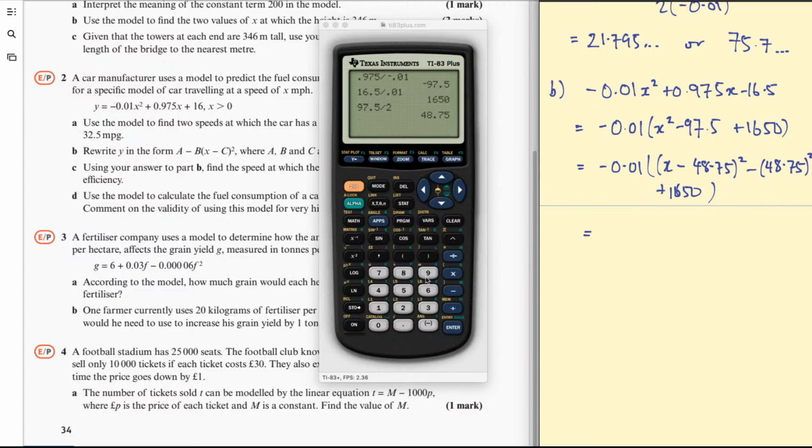So then I need to compute this. So this would be 48.75 squared. 1650 take 48.75 squared. It gives me negative 726 and so on. So, okay, let's just write another step down.